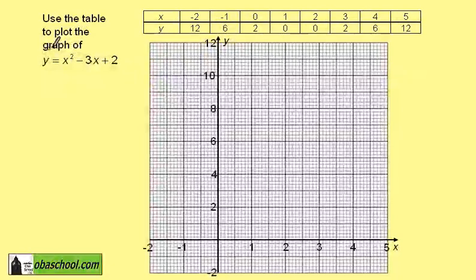We now want to use the table to plot the graph of y equals x squared minus 3x plus 2. We have minus 2, 12.